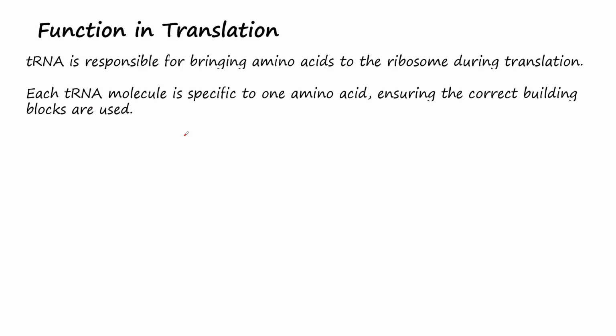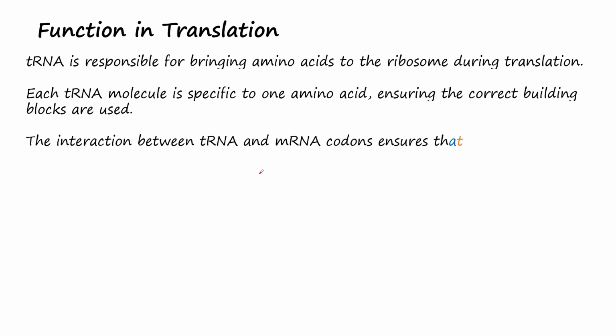So there are 20 amino acids, and each of these amino acids has its own specific transfer RNA molecule, ensuring that the correct building blocks, that is amino acids, are used in the protein synthesis, and we'll see that.